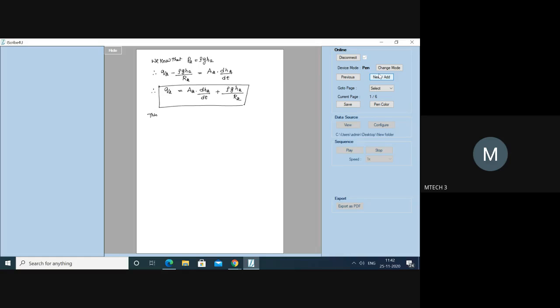This equation describes how the height of the liquid in container 2 depends on the input rate of flow Q2. Clear?